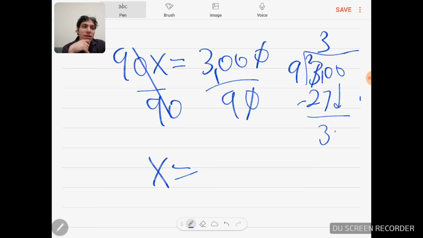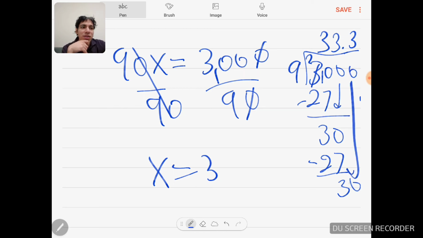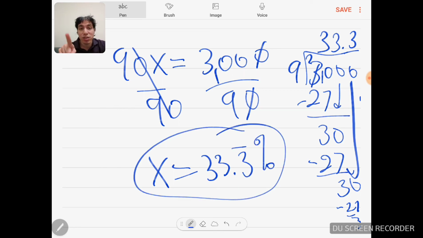I get 3, bring down the 0, 3 again, because I get 27. If you haven't noticed the pattern yet, it's going to be 33.33 bar percent. In this case, you have to put percent because the question said what percent. The other two were just what number, so you could just leave that as your answer. So don't forget to put the percent there because you're going to be wrong.